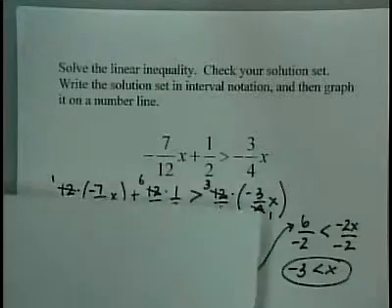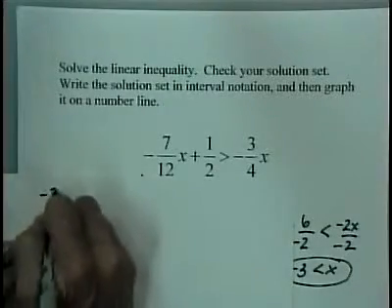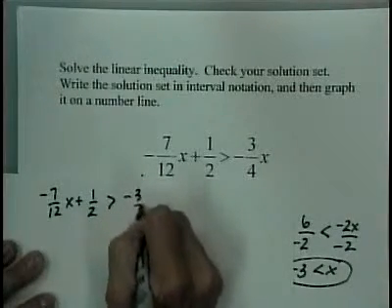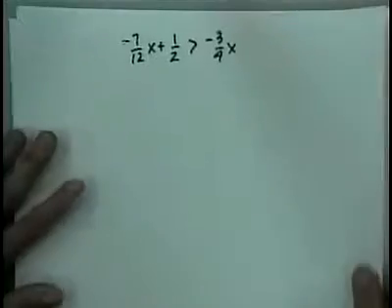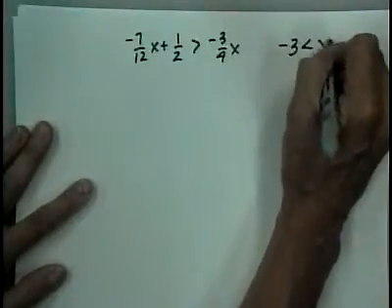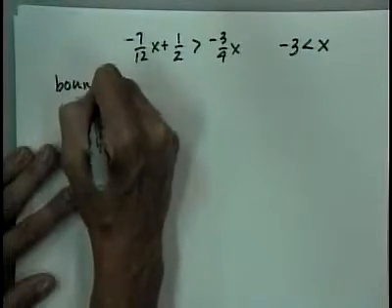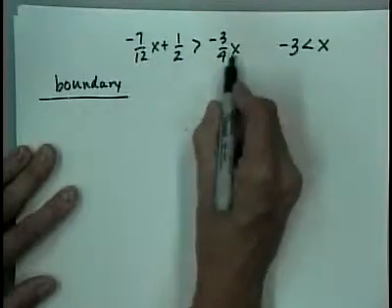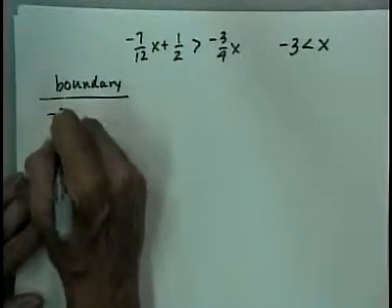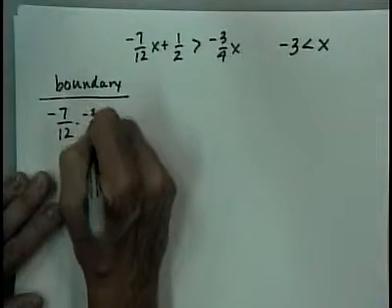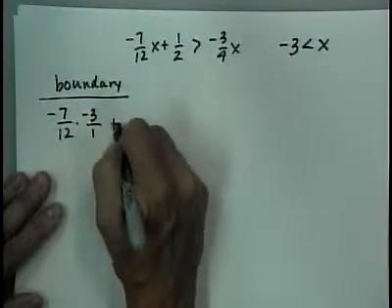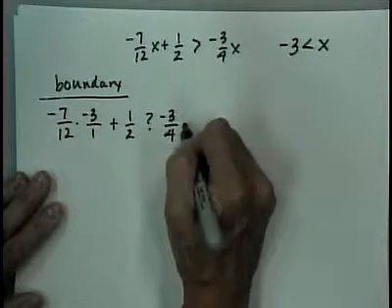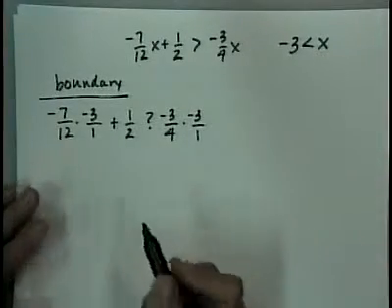Okay, let's perform our check. So let me rewrite the inequality, -7/12x plus 1/2 greater than -3/4x. And our solution set, -3 is less than x. We start with the boundary check, which means we take -3 and put it for each x in this inequality. -7/12 times -3, which I'm going to consider over 1, plus 1/2, is that equal to -3/4 times -3/1?